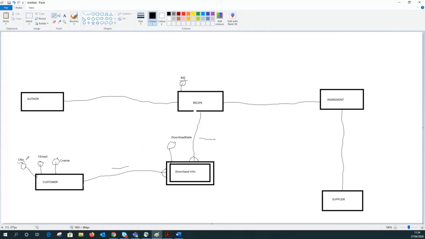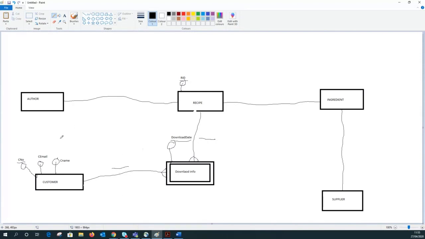Is that enough to identify the unique download information? No. So I need to highlight download date as well. So we now have three attributes. All three work here as a composite primary key: customer number, recipe ID, and the download date.